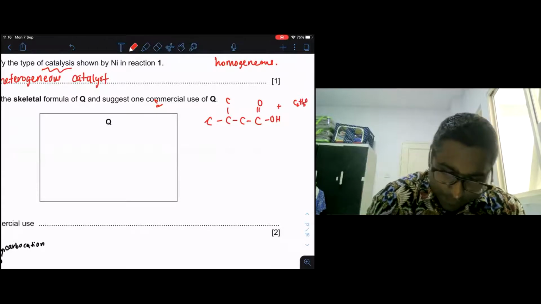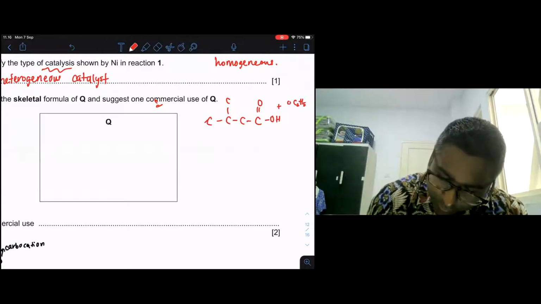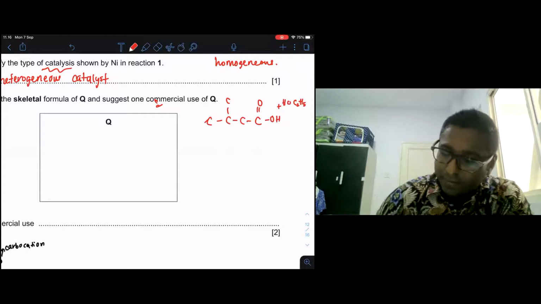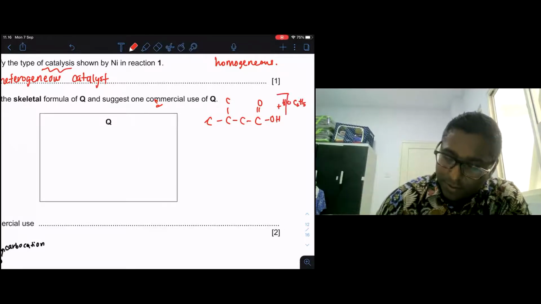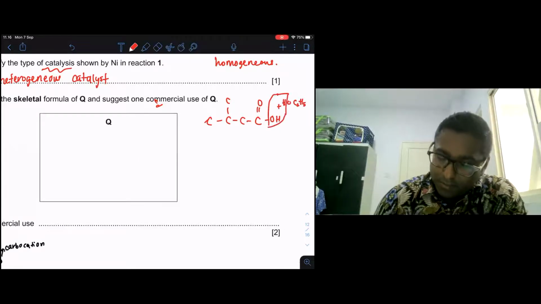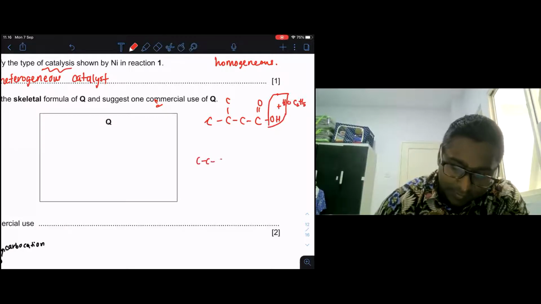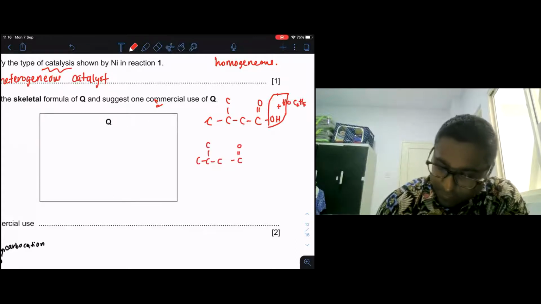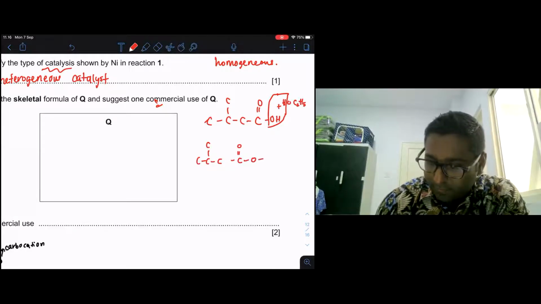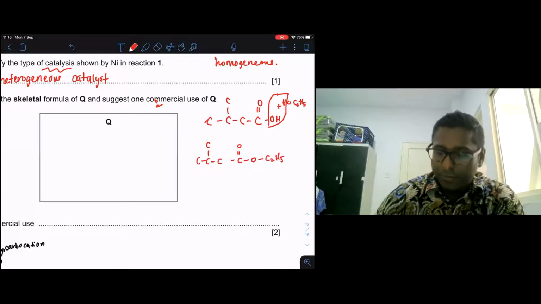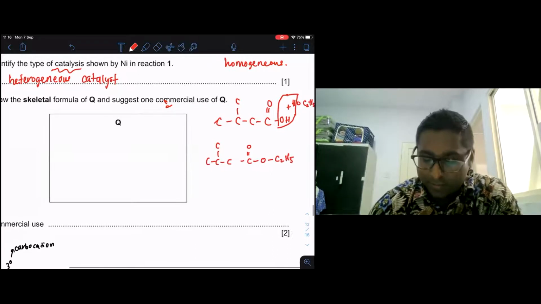I put OH here. What happens is the H comes from here, OH comes over here. So the ester that I will have is C, double bond, and then there's C over here, joined with O, and then C2H5.